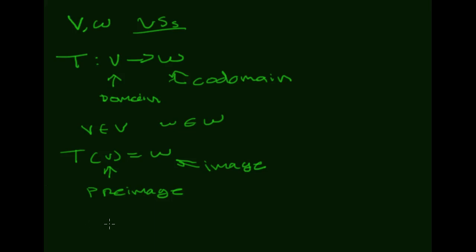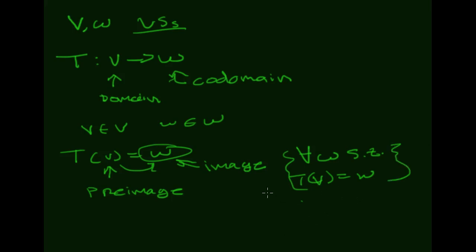And if I collect up all of the w's that come from v's, so the set of all w's such that T(v) gives me w for some v in V, then we say that this set is the range of T.